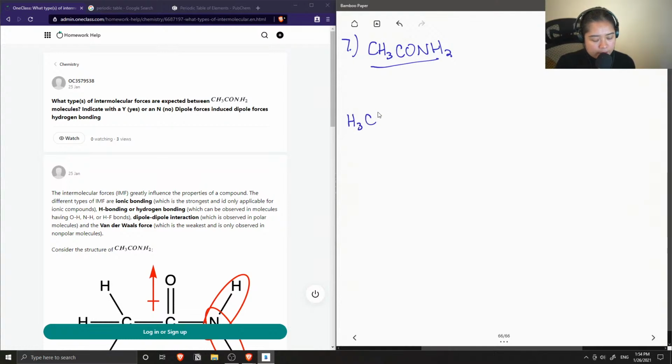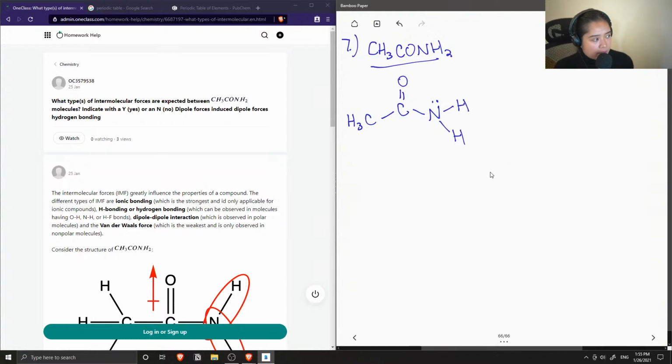Here we have our CH3 group bonded with a carbon that has a double bonded oxygen, or a carbonyl, and this is bonded to an NH2 group. Okay, so this is what our structure might look like.